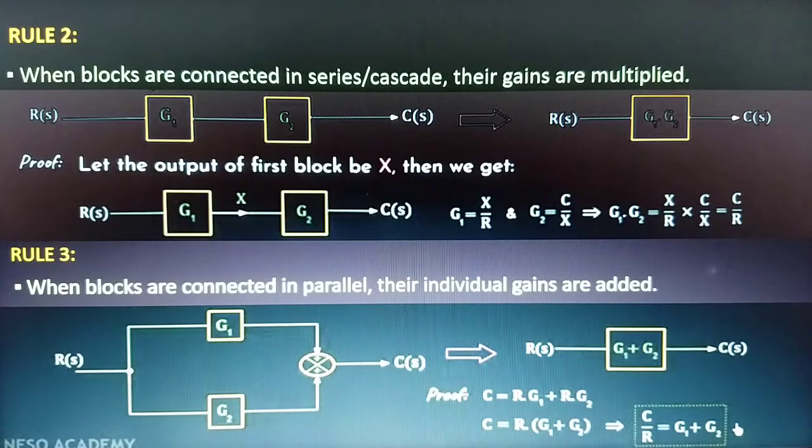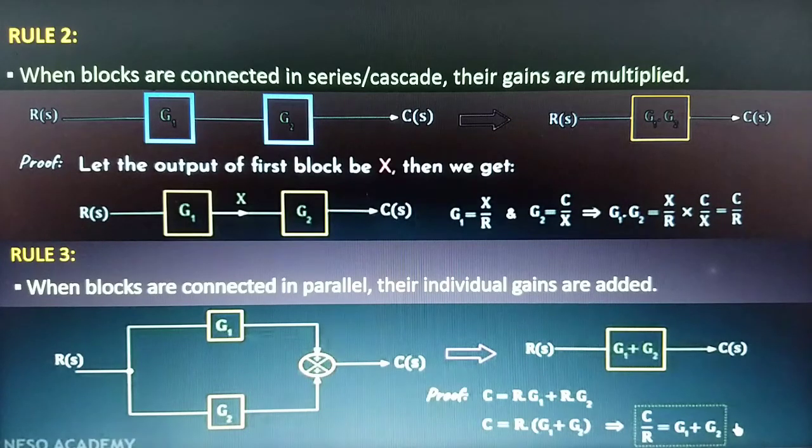According to rule number 2 of block diagram reduction, when blocks are connected in series or cascade, their gains are multiplied. We can see here in the rule 2 block diagram representation that these two blocks are connected in series, because the output of the first block is the input of the next block. The gain of the first block is G1, and the gain of the other block is G2.